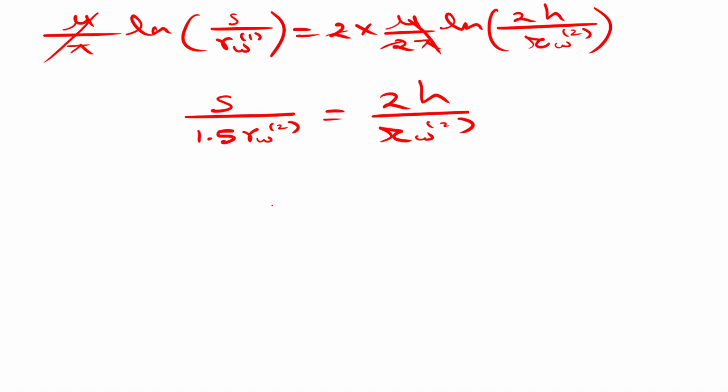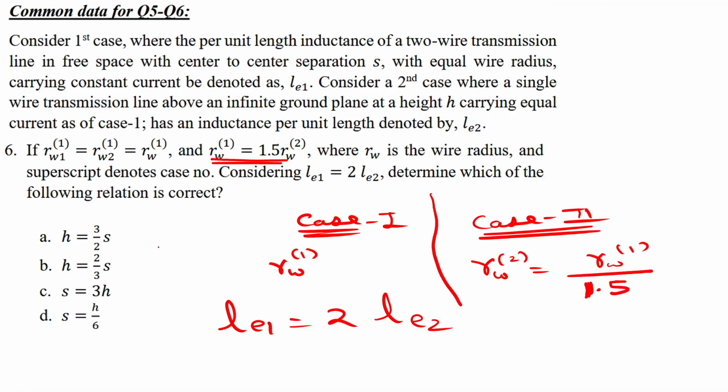When we equate them, what we get is S is 3 times H, because the Rw2 cancels out, and 2 into 1.5 is 3. So the relationship between S and H is S equals 3 times H. If we match it with the given options, the correct option is option C.